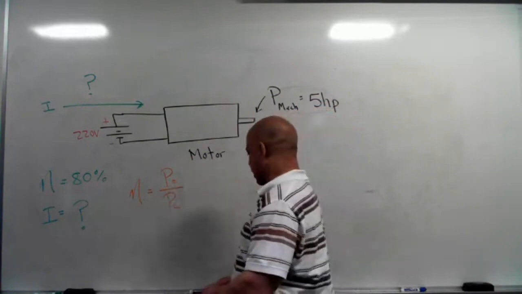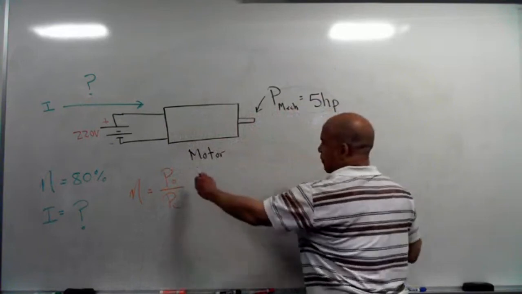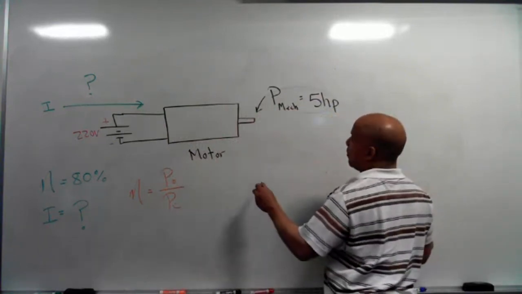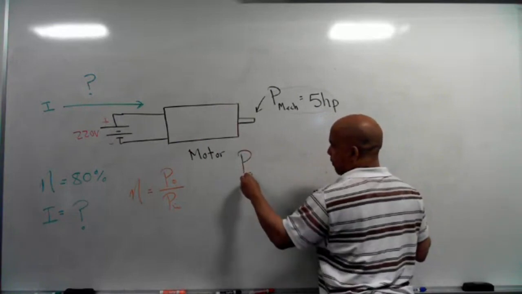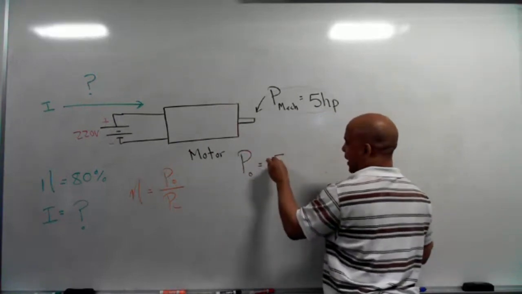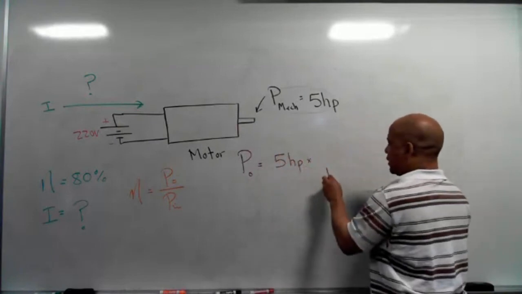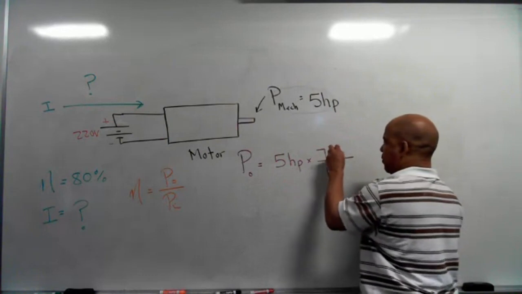So let's go ahead and convert this over to watts and fill in this equation with what we know and see if we can figure out what we're looking for. To get the output power, I have to take the mechanical power and convert that to watts by taking 5 times 746.